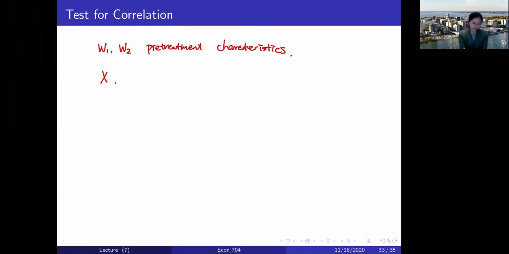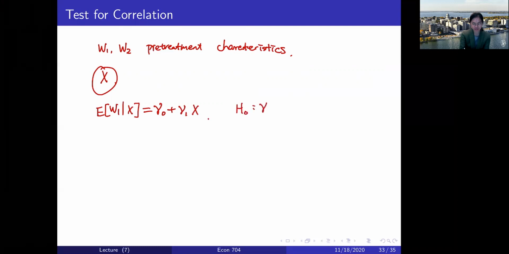However, if the attrition is not random, if the attrition was affected by X, then it is possible that W1 and X in the final sample after attrition become correlated. So you can set up a conditional mean model of W1 given X, say equals gamma 0 plus gamma 1 X, and test the null hypothesis that gamma 1 equals 0.